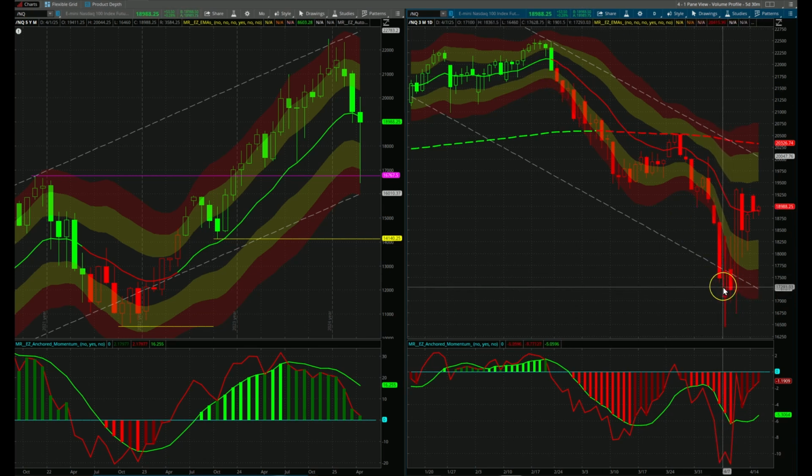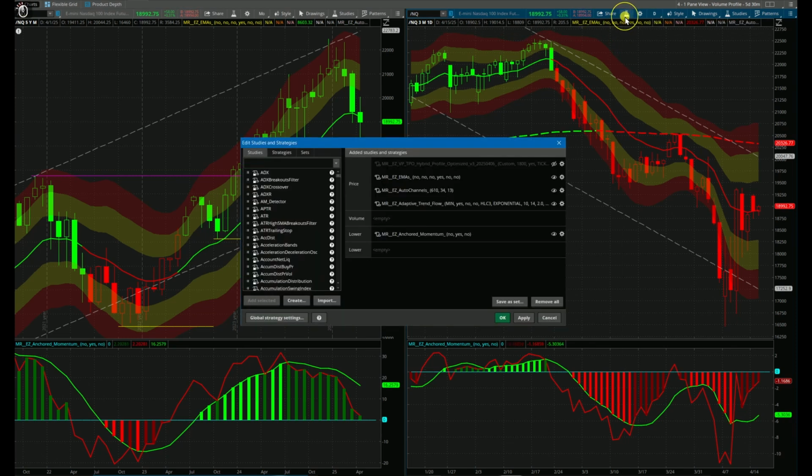Buy the hell out of it, because it's coming back to the mean at least. And mean reversion people know what I'm talking about. Trend following, not as much. So how about some support resistance?